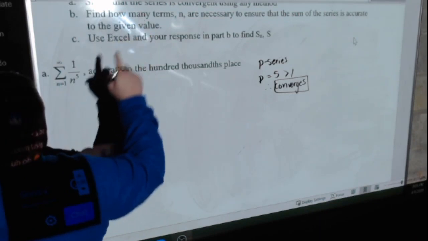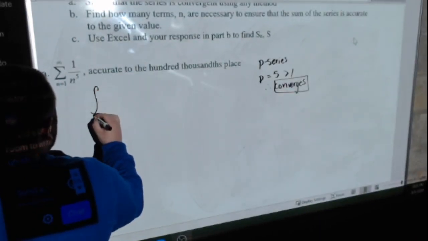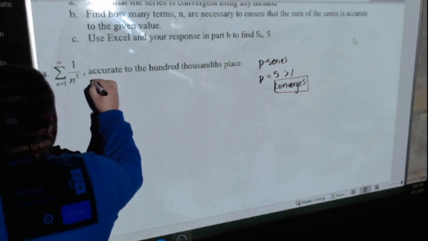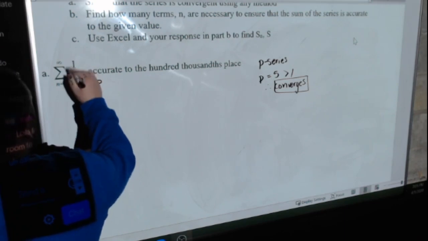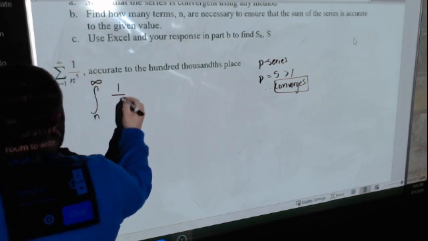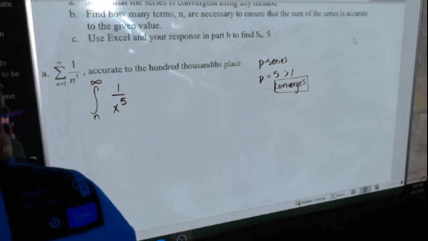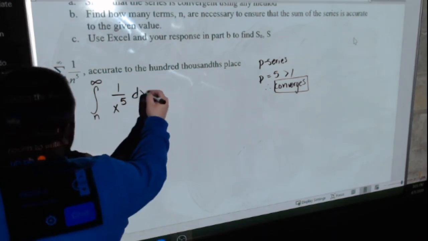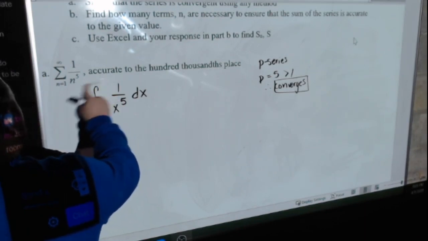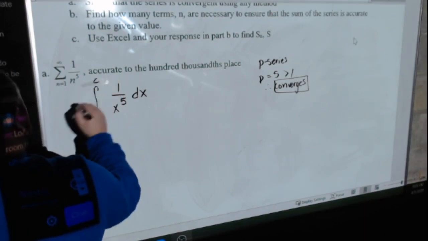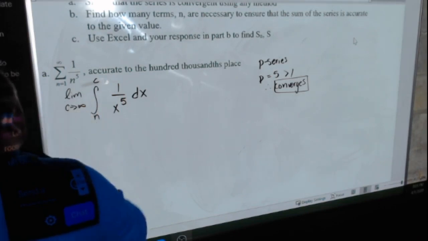And up there it told us our error was equal to the integral from n to infinity. And our function here is 1 over x to the 5th dx. I'm also going to change this to a constant c and take the limit as c approaches infinity.